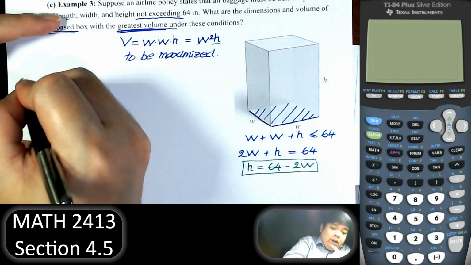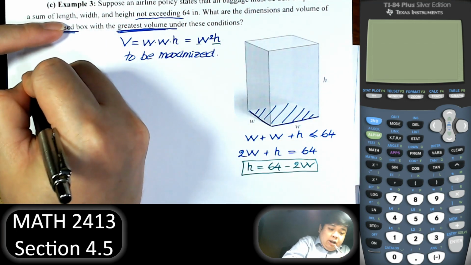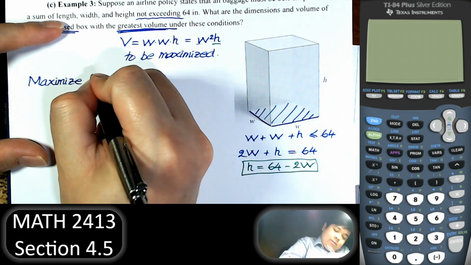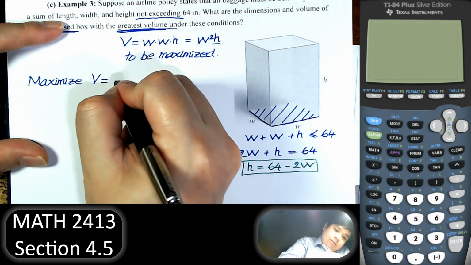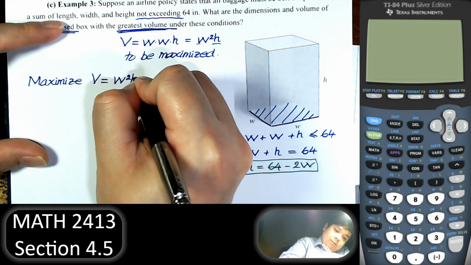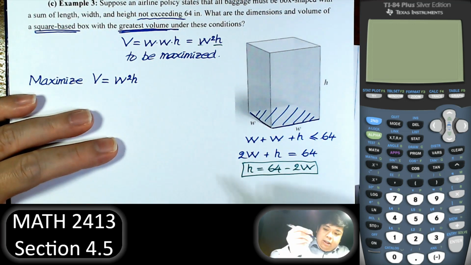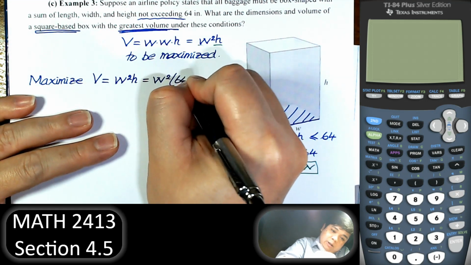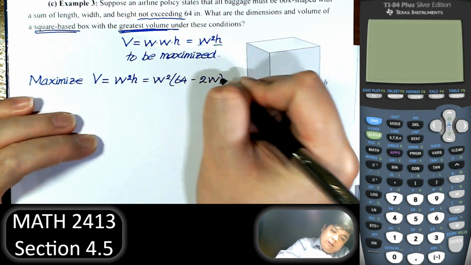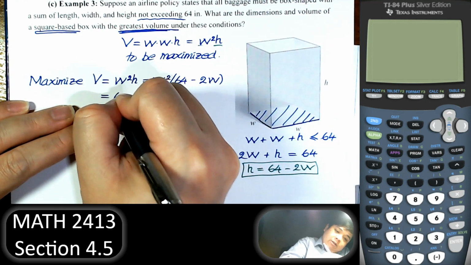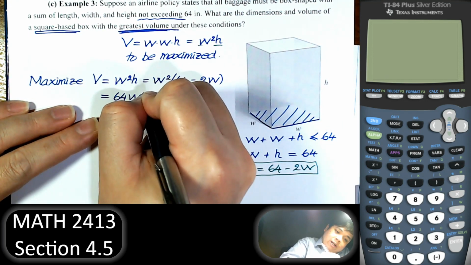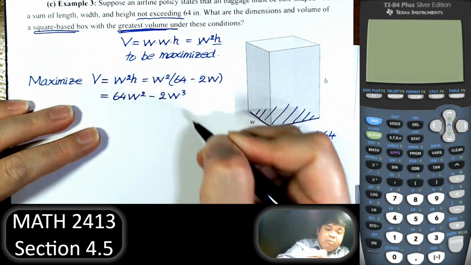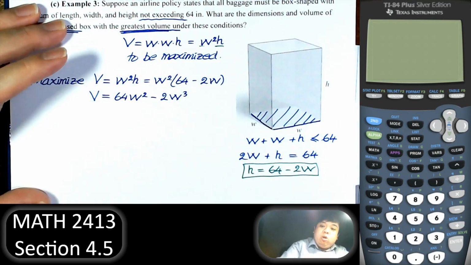Right, so the problem is maximize the volume, and h is equal to 64 minus 2w. I have 64 w squared minus 2w cubed. Yeah, one function of one variable, which is good.